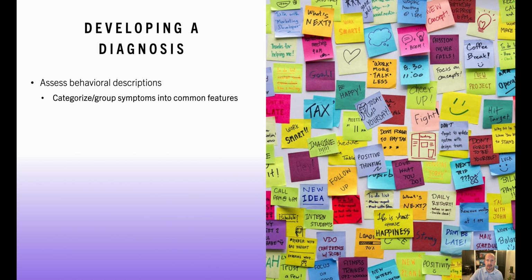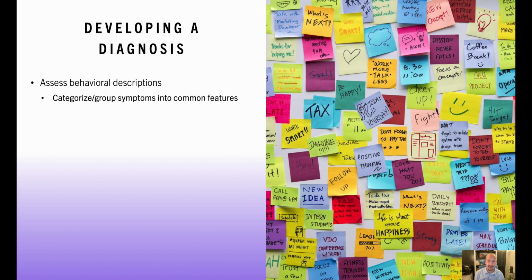So number one, you want to assess, getting back to the behavioral descriptions, one of the easiest ways or one of the most effective ways is to begin to group or categorize the symptoms based on common features. So, if they describe depression, you'll want to group those symptoms under their description of the symptom they're talking about.